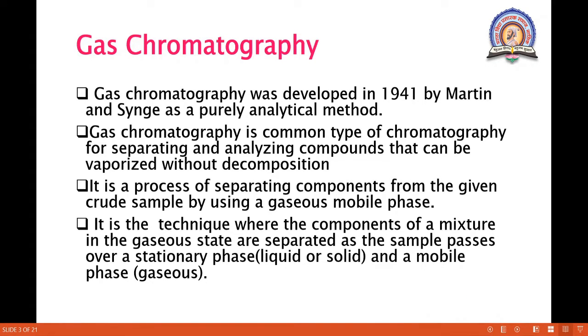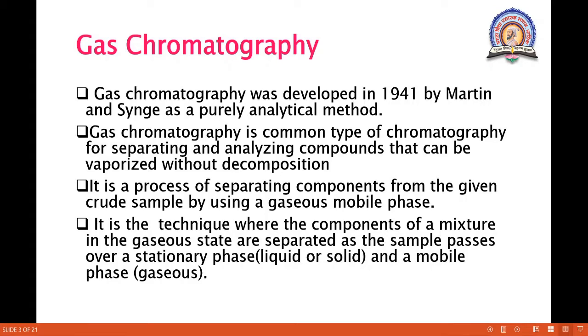The name of that chapter is gas chromatography. So first, what is gas chromatography? Gas chromatography was developed in 1941 by Martin and James as a purely analytical method. It is a common type of chromatography for separating and analyzing components that can be vaporized without decomposition.